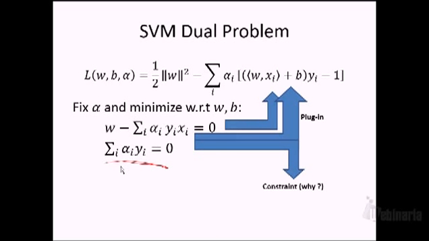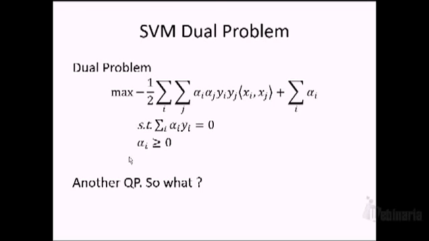However, this condition has to remain as a constraint because it restricts your choice of alpha i. If your alphas violate this constraint, then the value of the dual function will be minus infinity.